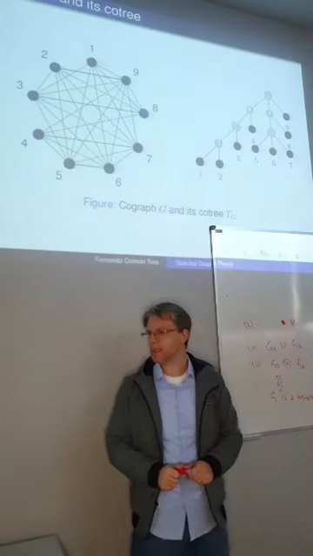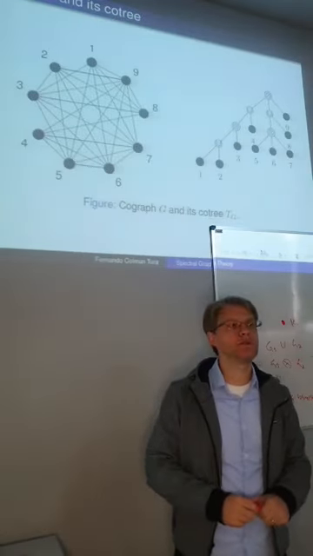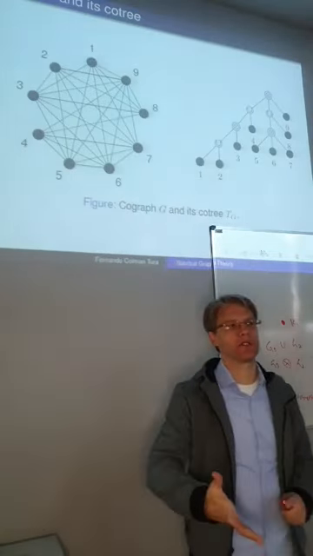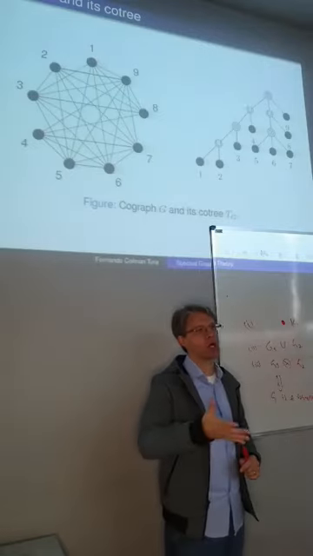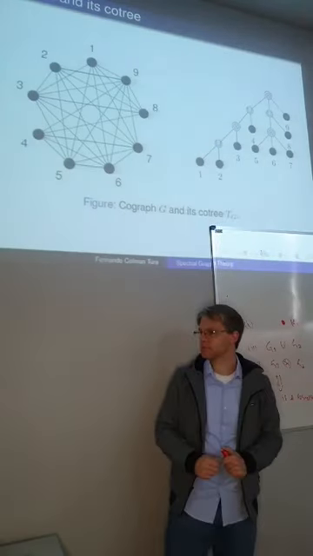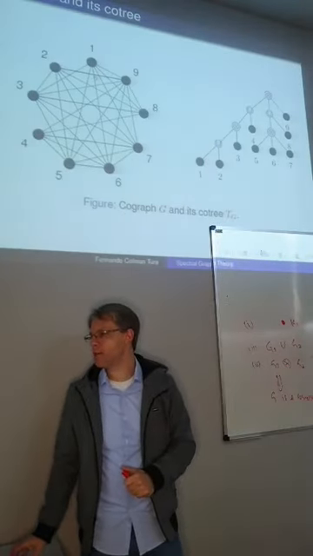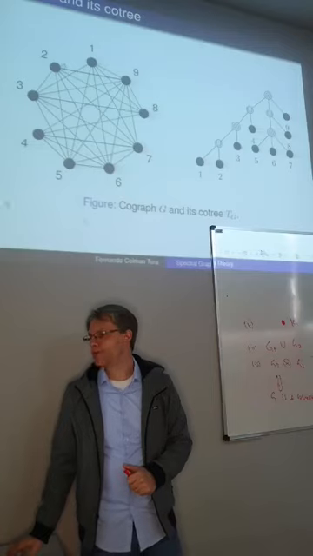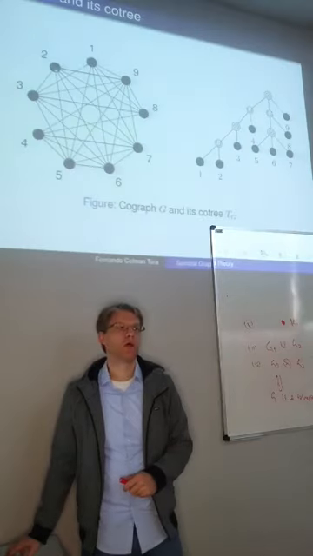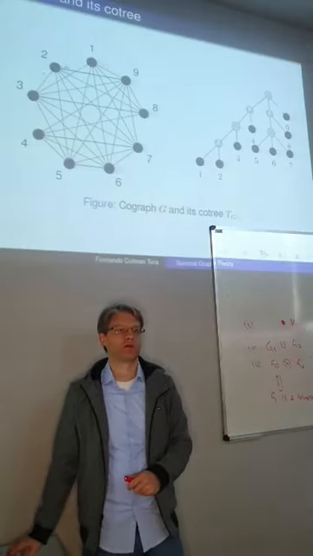It's known that every cograph has a tree representation. We call this tree a cotree. If you look at this example here, on the left we have a cograph, and on the right we have its cotree. If you look here, the vertices 1 and 2 don't have an edge.